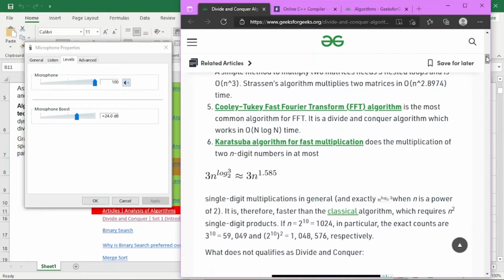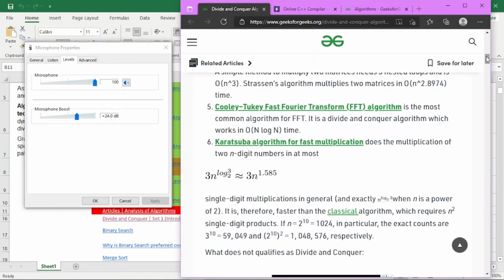But the thing is that the algorithms that use divide and conquer have to solve all the given sub problems, and not discard some of the sub problems.